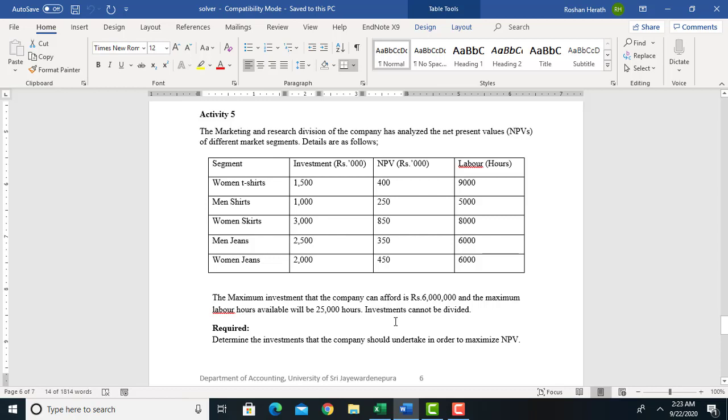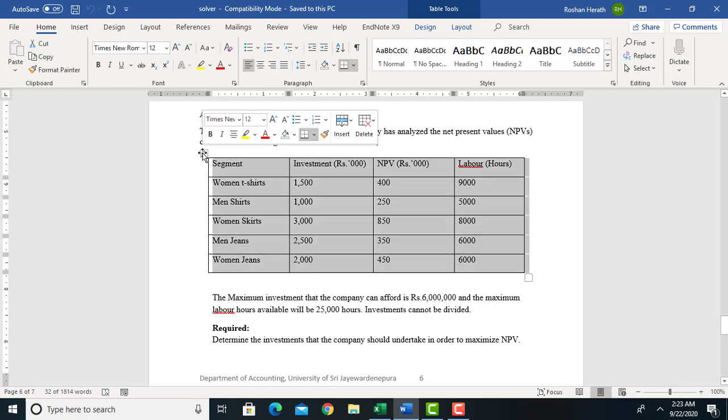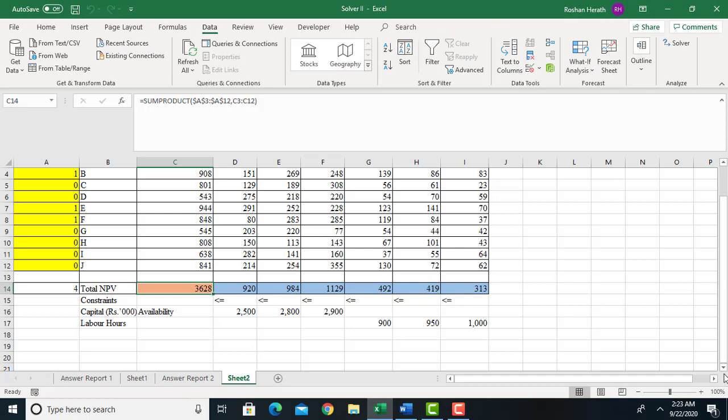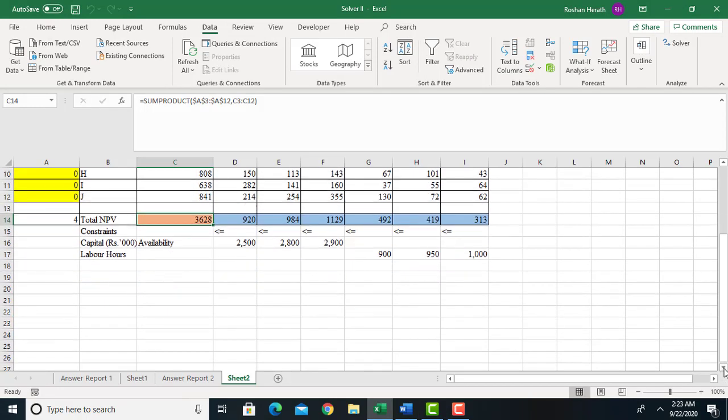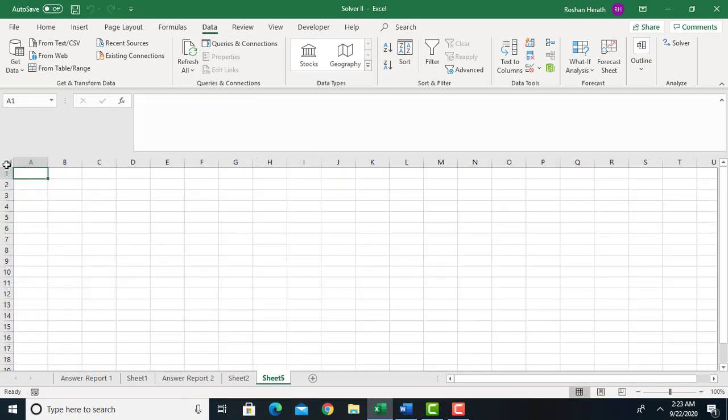So if this is the situation, you need to determine what investments the company should undertake in order to maximize the net present value. Again, as usual, you can copy this information to a new sheet.